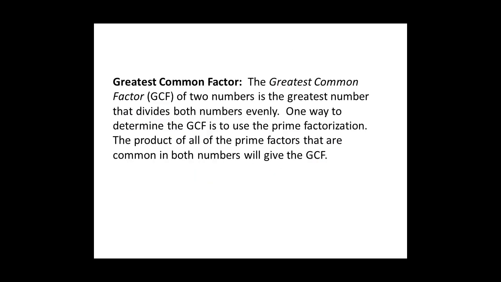Greatest common factor. The greatest common factor of two numbers is the greatest number that divides both numbers evenly. One way to determine the greatest common factor is to use the prime factorization. The product of all of the prime factors that are common in both numbers will give the greatest common factor. We will determine the greatest common factor of the numbers 36 and 24.